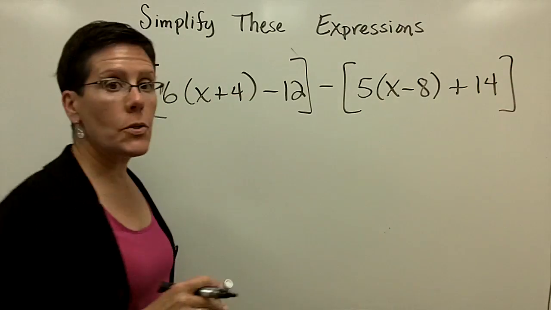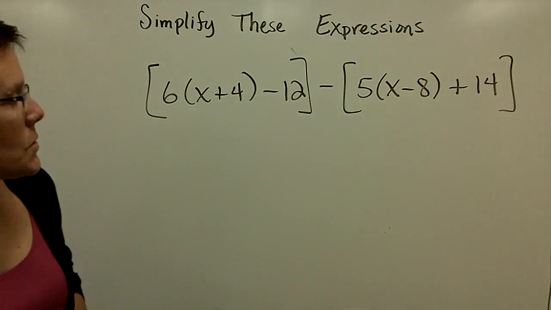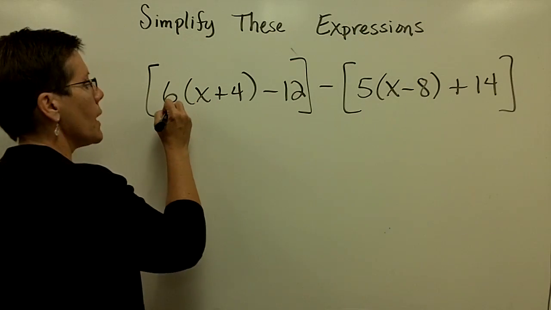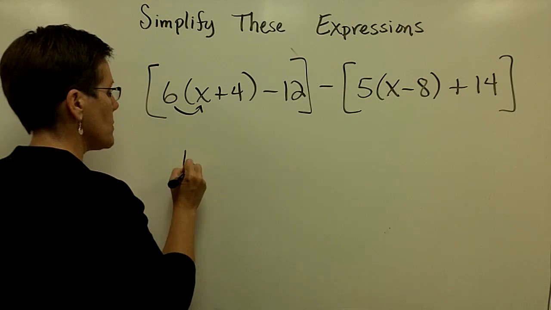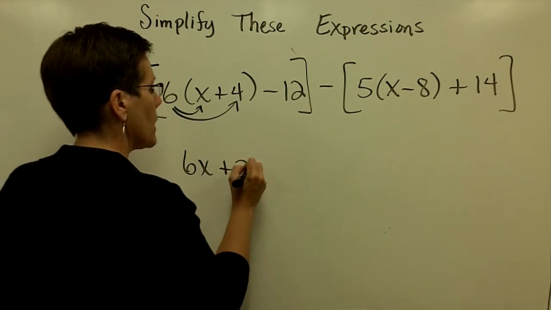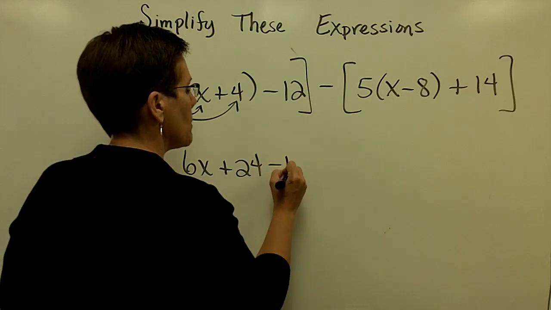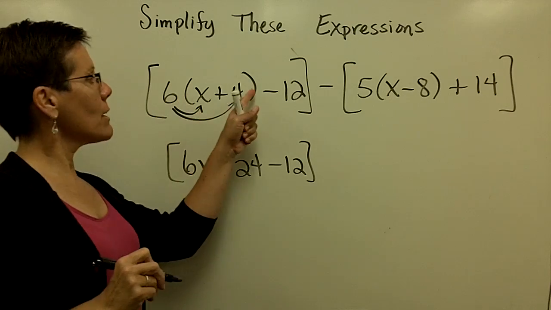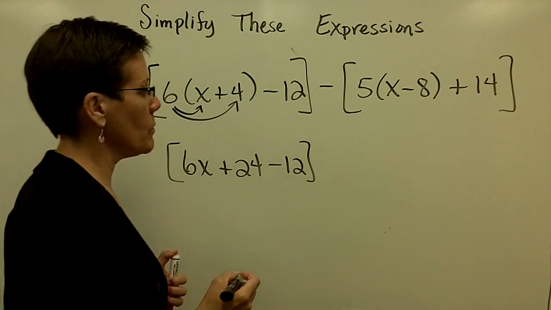Order of operations says to do the innermost set of parentheses first. So this set of parentheses is inside that square bracket. So I must distribute the 6 times the x and get 6x, and the 6 times the 4 and get a positive 24. And I'm going to bring down that minus 12 and now bring down my square brackets. I have gotten rid of those parentheses because I've distributed.